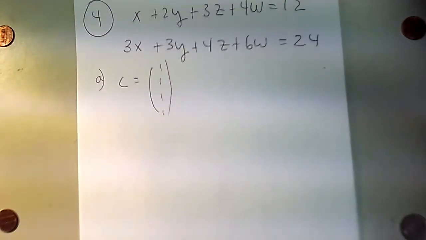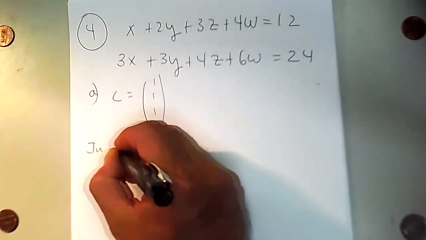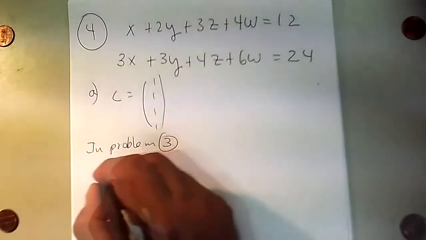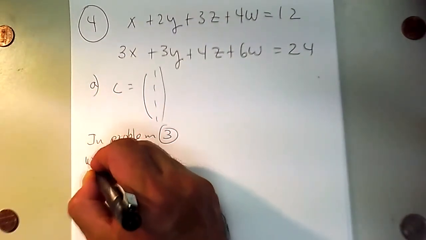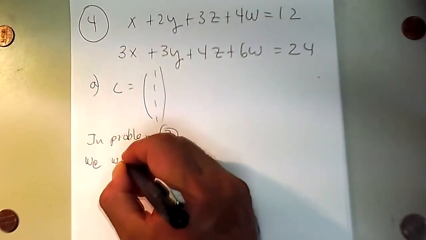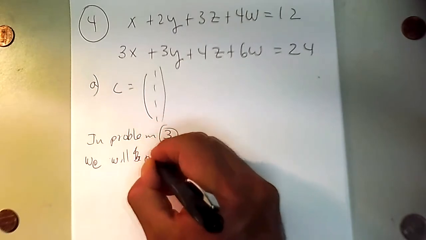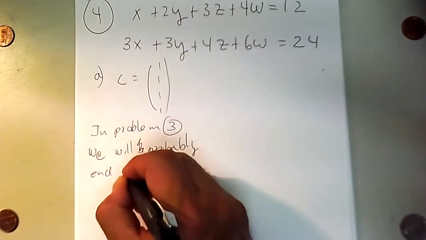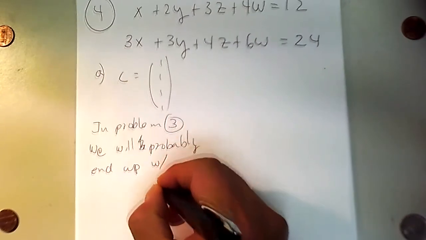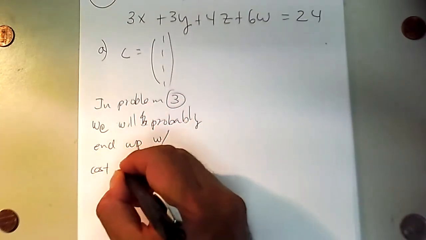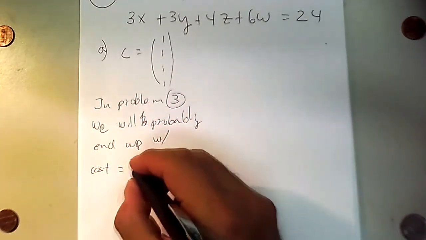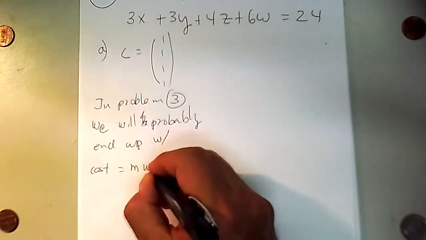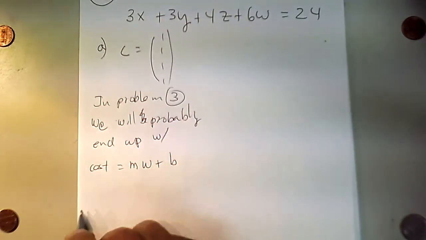See, in problem 3 we will probably end up with the cost being, for lack of a better name, MW plus B. It's like the line.